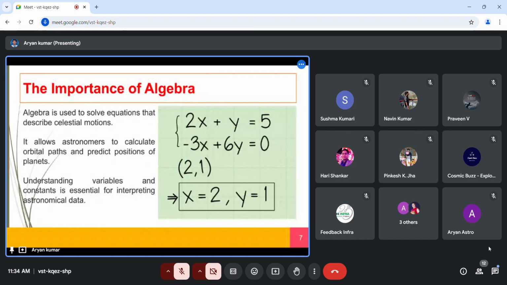Something like linear algebra describes orbits, trajectories, and spatial relationships. Many things are also there, like calculus. Some astronomical applications would be orbital mechanics, calculating trajectories, velocities, and positions, stellar evolution, etc. Some real world examples would be NASA's trajectory planning, which uses algebraic calculations for spacecraft navigation.